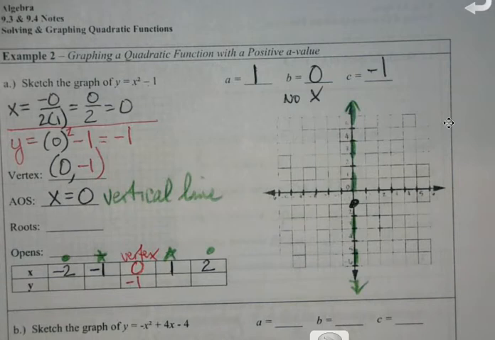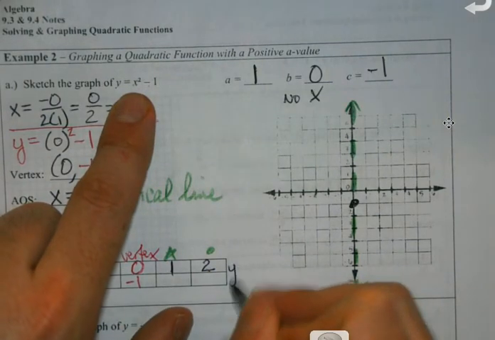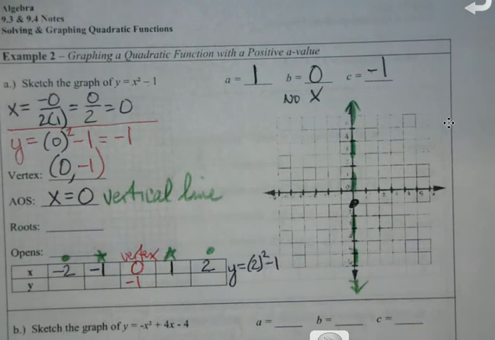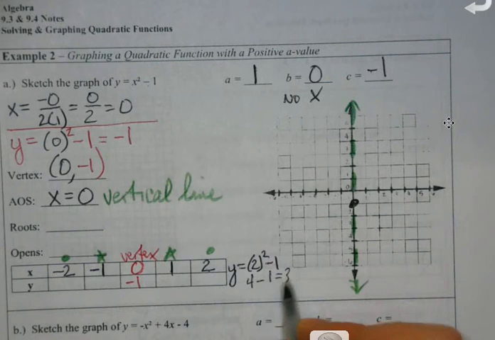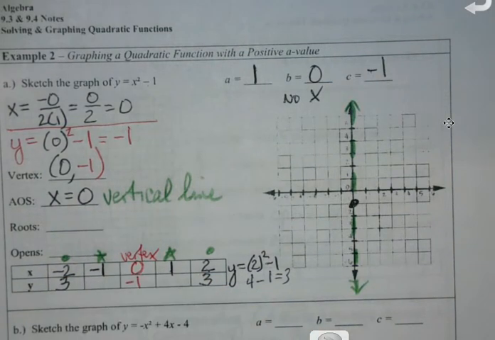So here's what I'm going to do. Let's say I decide I'm going to do 2. I'm going to plug that in here. So this would be y equals 2 squared minus 1. So 2 squared is 4, minus 1 is 3. Whatever answer I get for positive 2, in this case, will be the exact same answer I would get if I plugged in for negative 2.